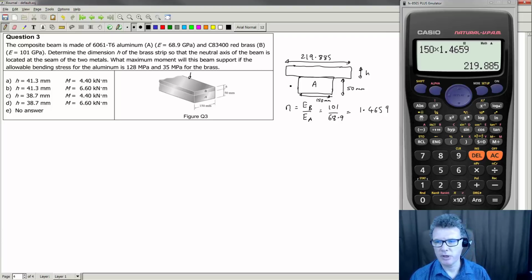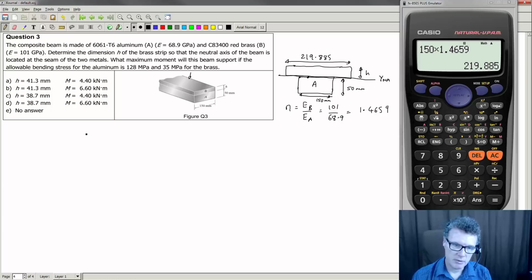And what else do we know? The neutral axis of the beam is located at the seam. So we know that the neutral axis is here. This is an unusual question because normally you're asked to find the neutral axis.